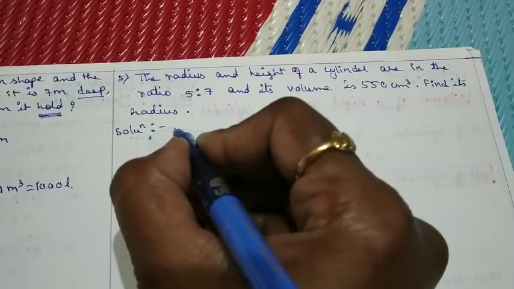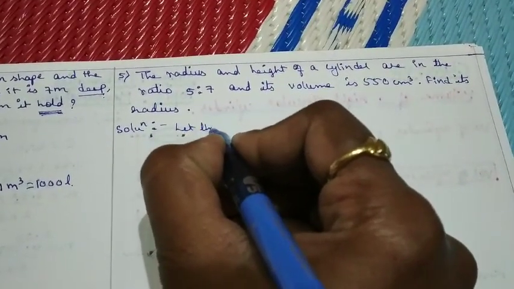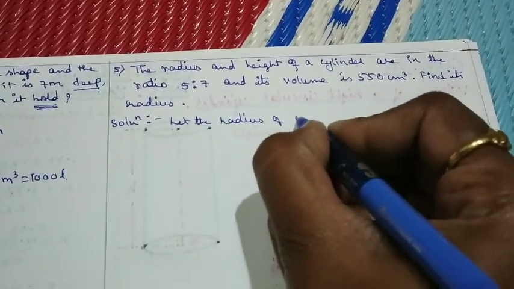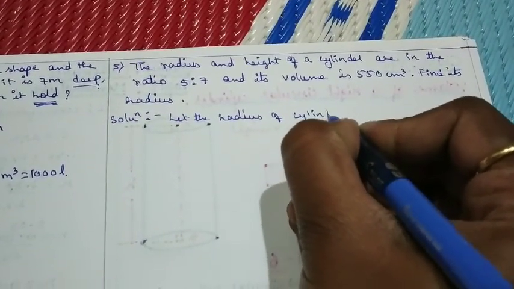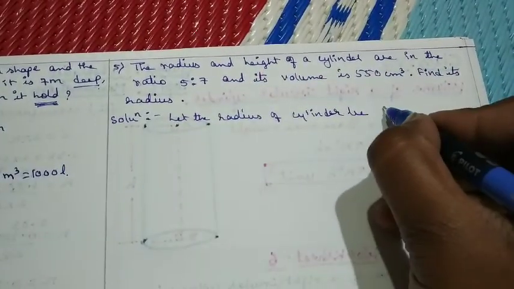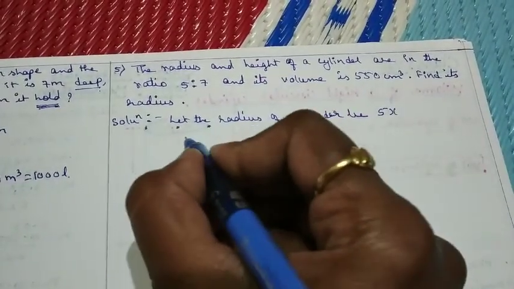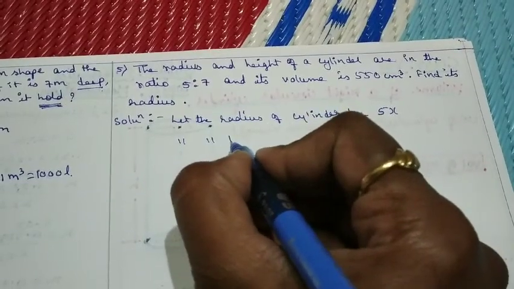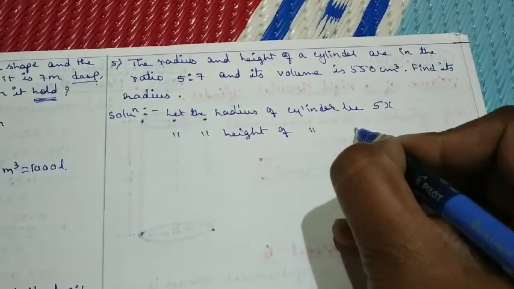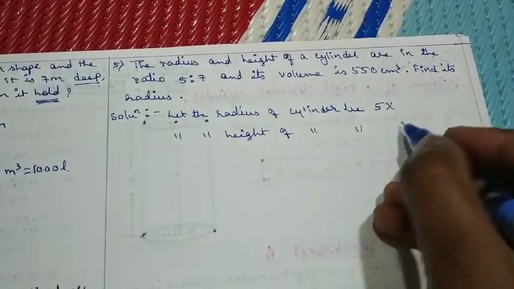So let the radius of the cylinder be 5x and let the height of the cylinder be 7x, as given in the ratio.